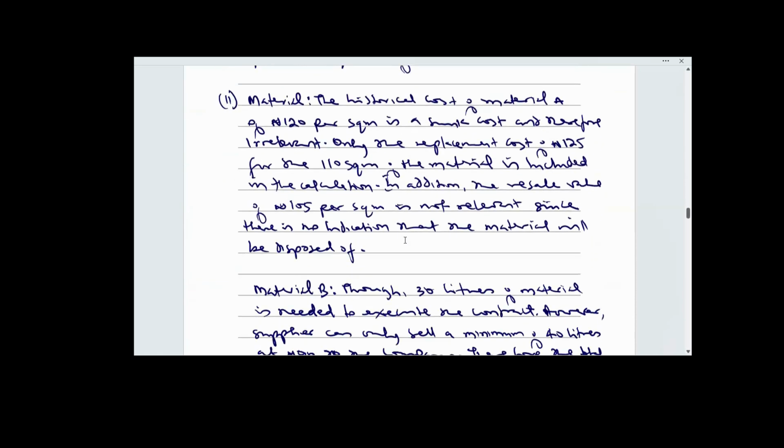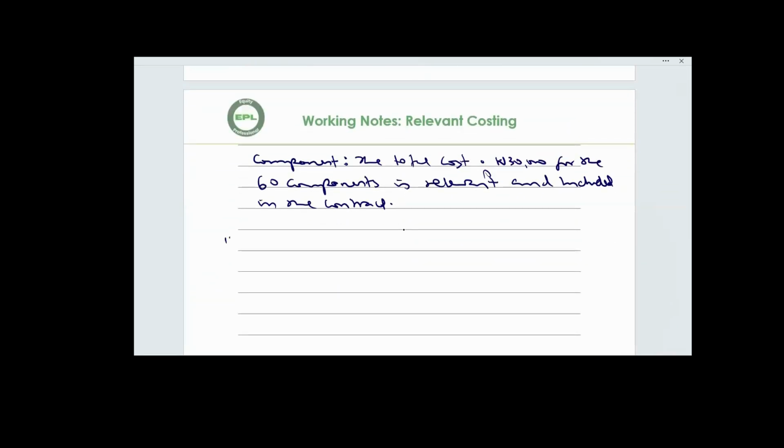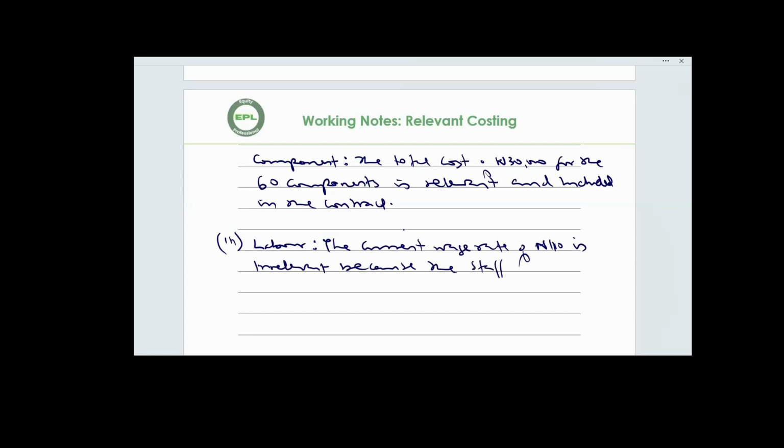Labor. Number 3, labor. The current wage rate of 110 naira is irrelevant because the staff will be paid irrespective of the decision taken on the contracts.